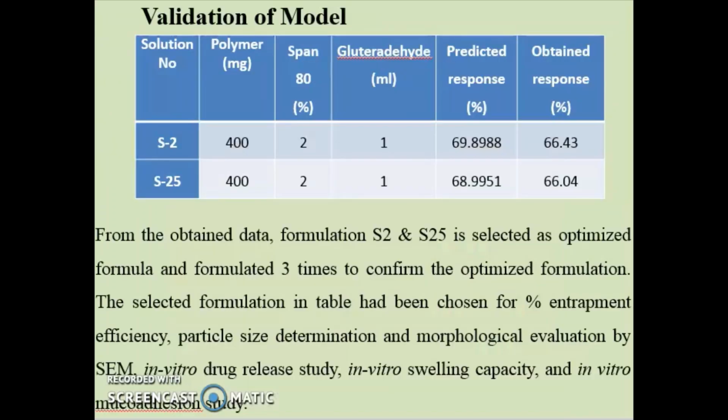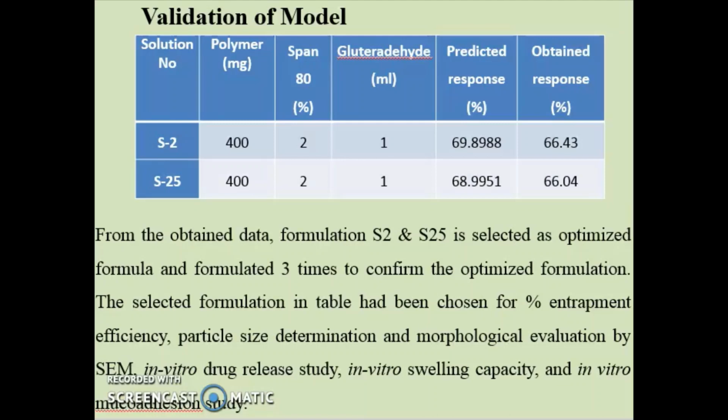Next, after getting the 3D plot and contour plot, we have to go for the validation of the model. The validation of the model is carried out by selecting the batches provided by the software.